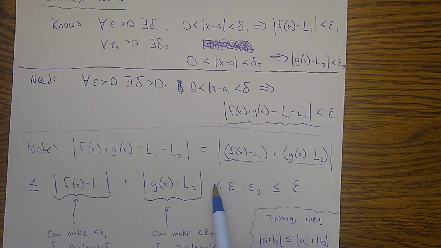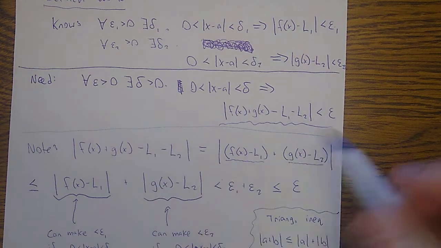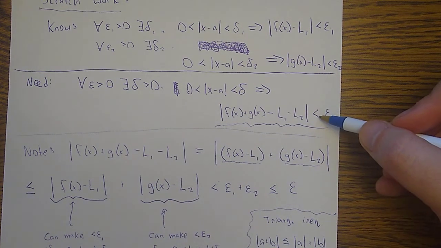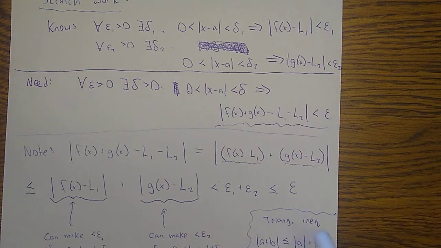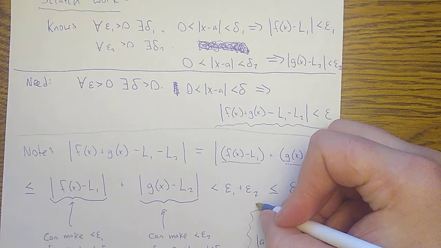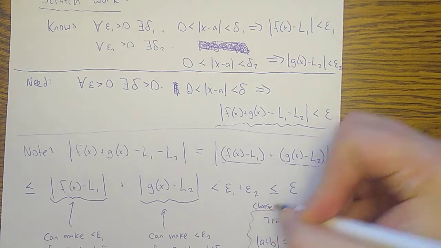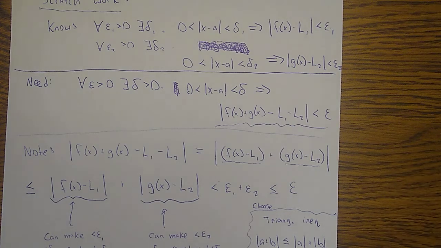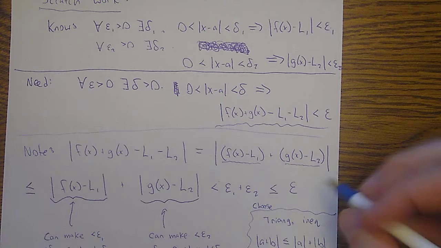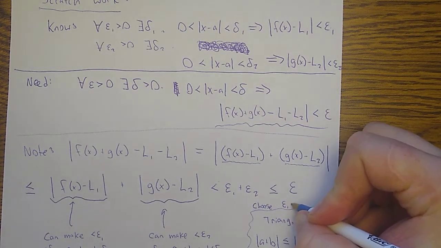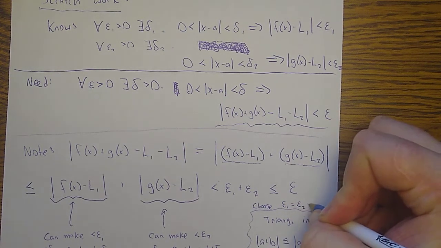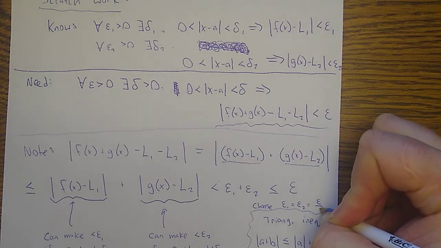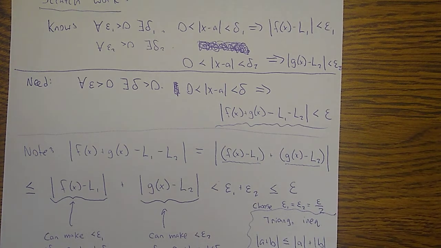I already have a strict inequality here, so I don't have to worry about the fact that this is strict. Yeah, so sorry, I lost my train of thought, but all I'm saying is that I can choose epsilon 1 and epsilon 2 to just be epsilon divided by 2.